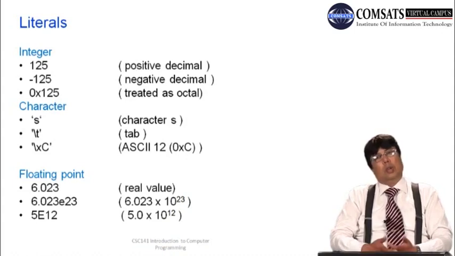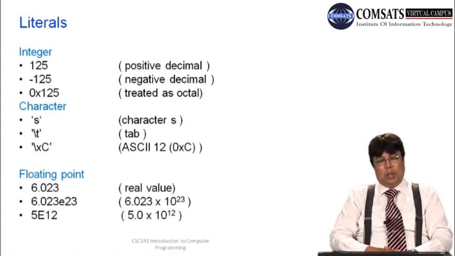Literals: 125, you can use it as a constant in your program. You can use \t as a character. It is a special character which I will explain later on.